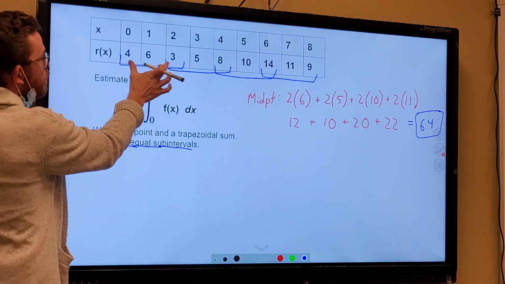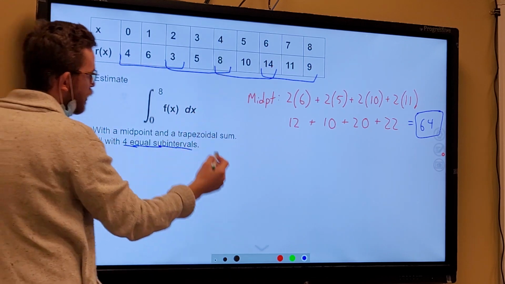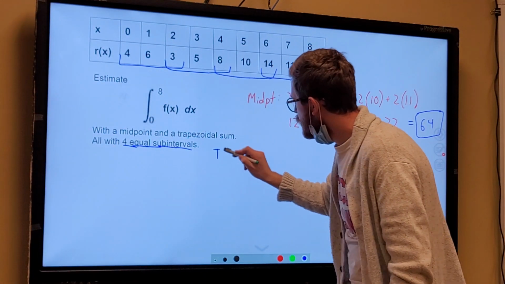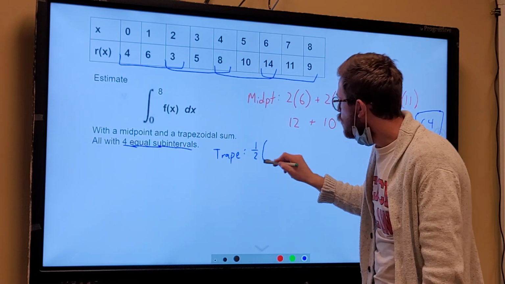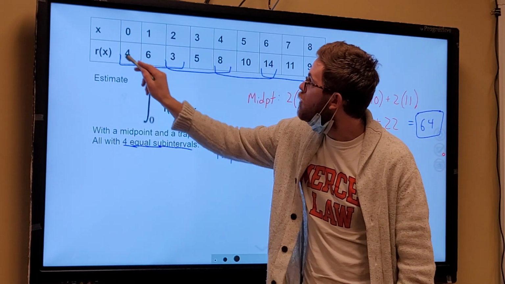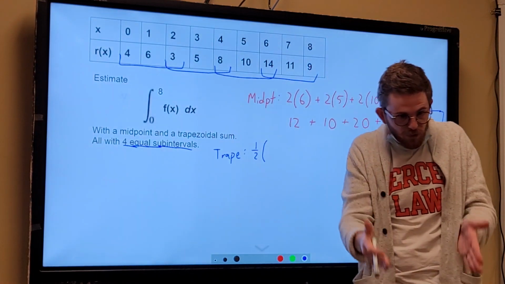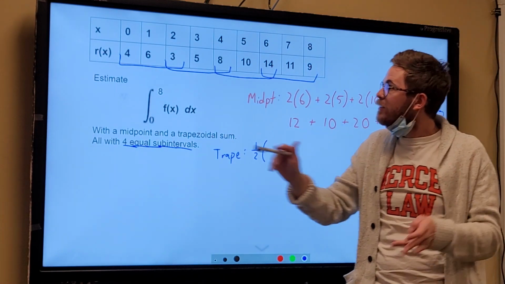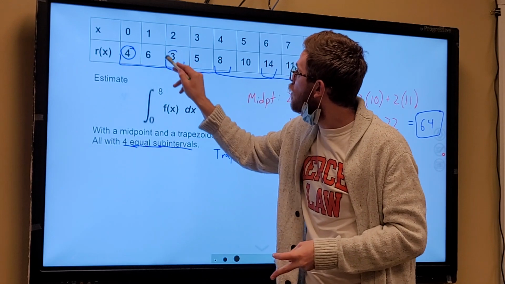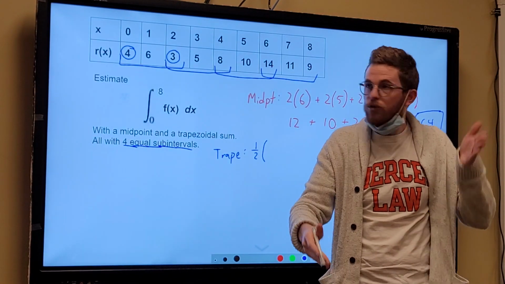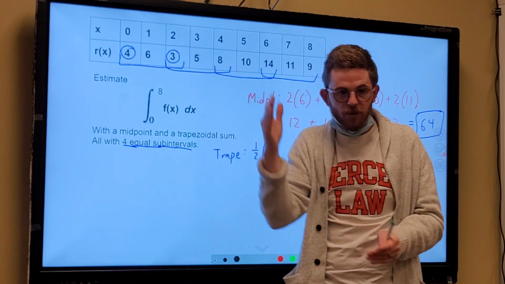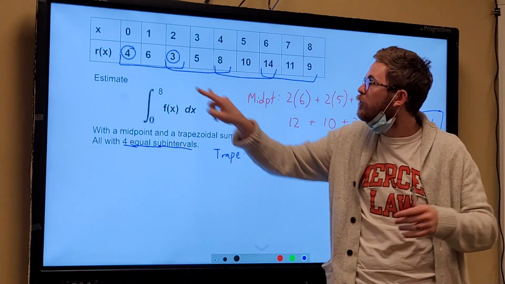So for the first one, right here, if I'm thinking trapezoid, I'm thinking about the area of a trapezoid formula. I'm following that. It's going to be 1/2. The bases are those vertical lengths, the 4 and the 3. My output at those two x values, the 0 and the 2, those two outputs are the bases.